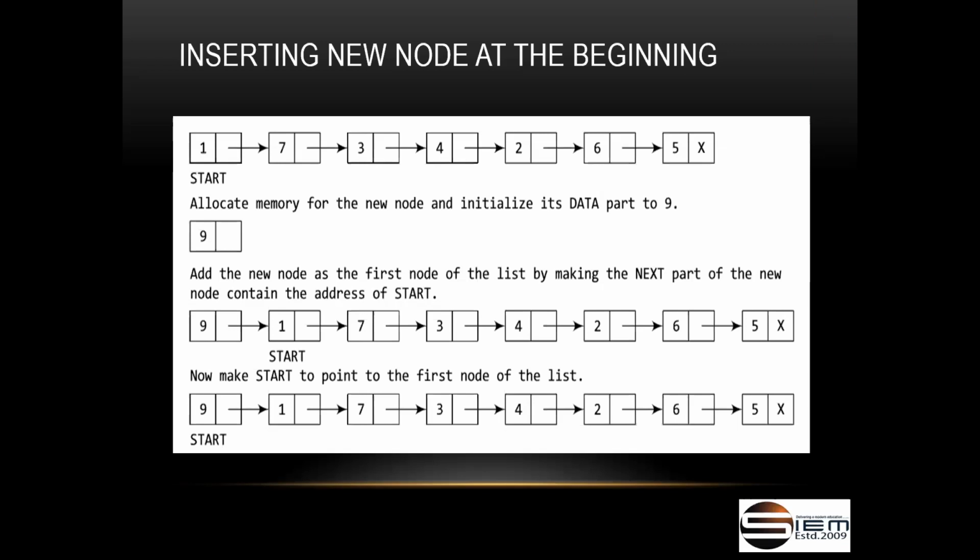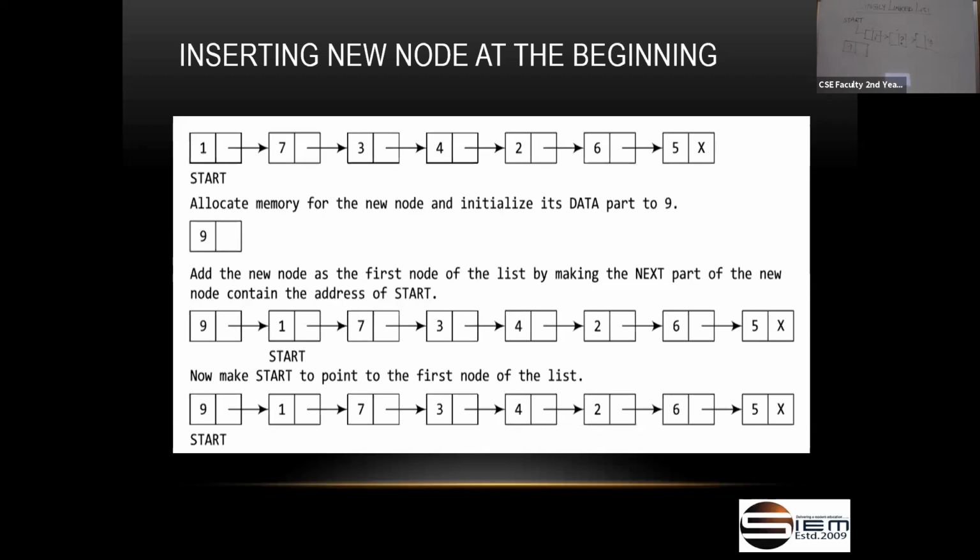I said that you see this is already an existing linked list, a pre-existing linked list, and this is the new node. Now this new node will be the first node. You have to make it the first node.